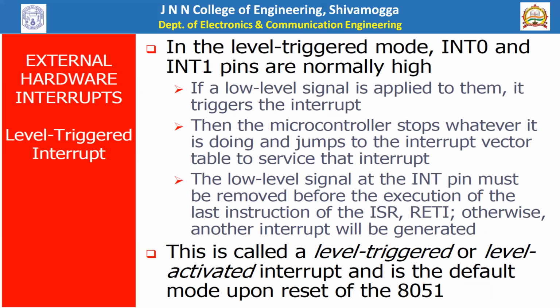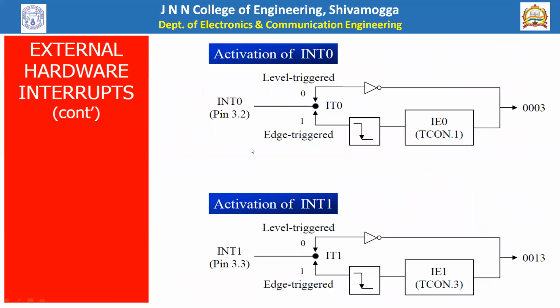In case of the level triggered interrupt, the pins INT0 and INT1 are normally high. You can just see in this diagram, you are giving 0, so when there is an inverter, it will be converted to logic 1. And whenever that logic 1 level is maintained continuously, the interrupt will be enabled.